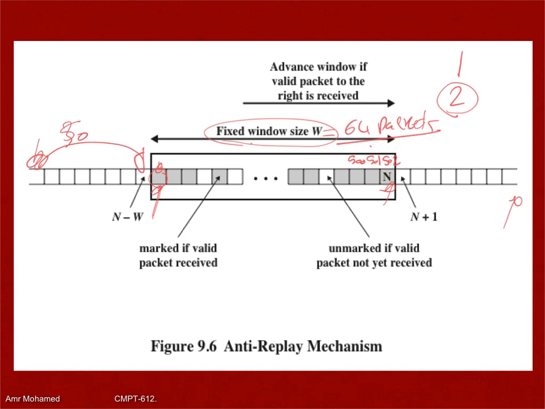Okay? Now what if I have a sequence number here, 505? What does that mean? That I lost a lot of packets? Not necessarily lost.